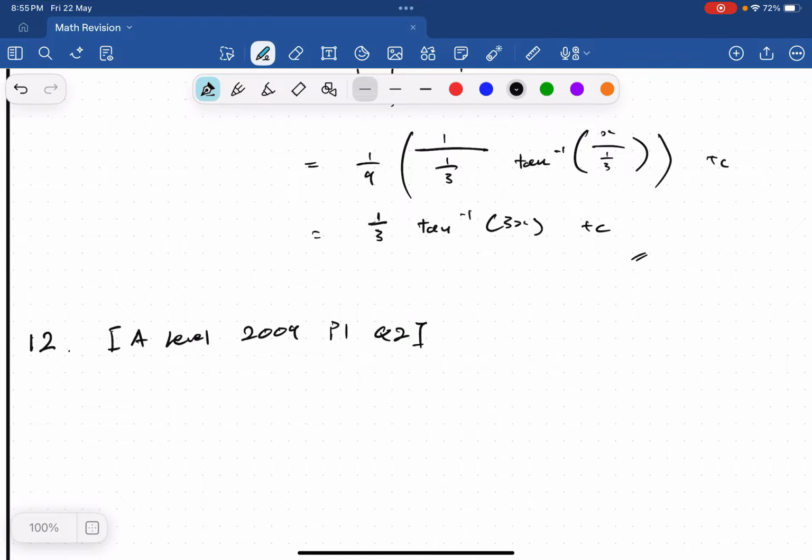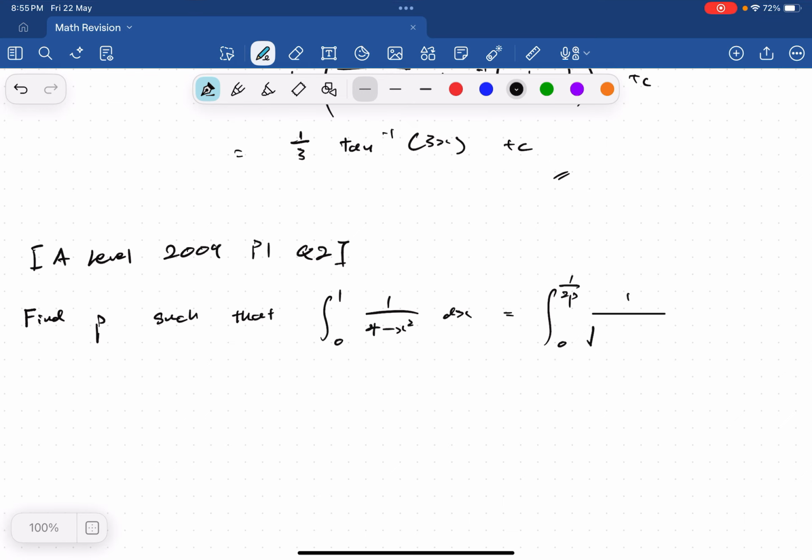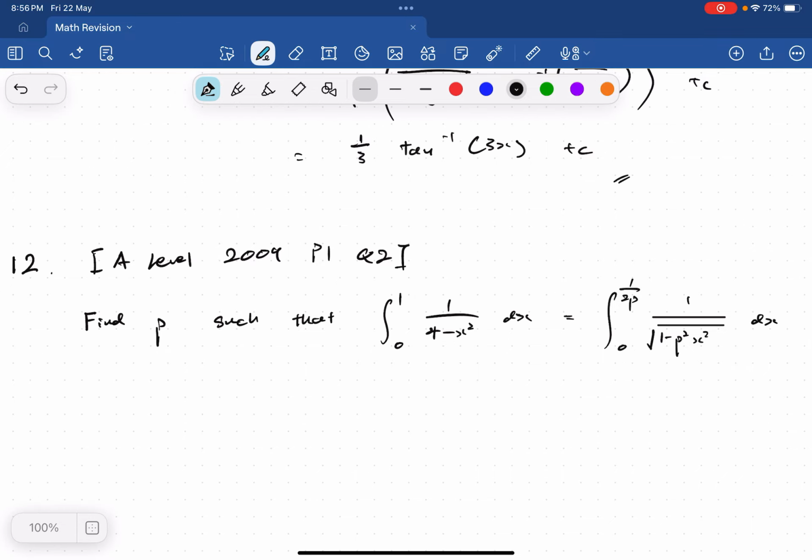The question said, find the value of p such that this expression, and they give you a definite integral, with p squared x squared here. This was the question in that particular year.